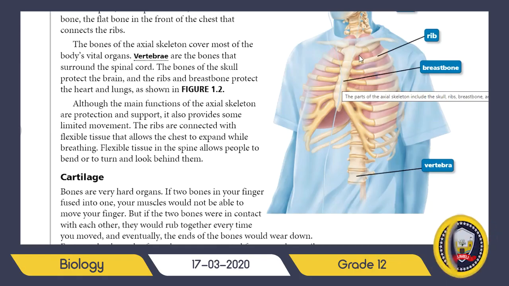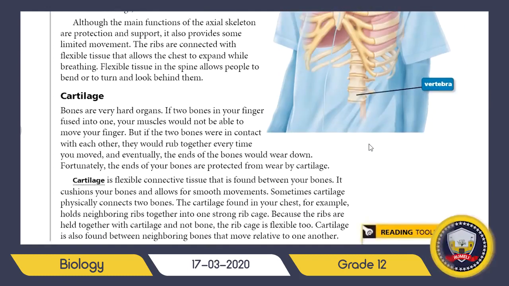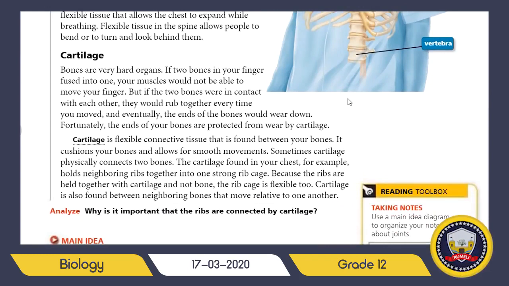Now, cartilage. What is cartilage? Bones are very hard organs. If two bones in your finger fused into one, your muscle would not be able to move your finger. How is that? Let's think about this together.